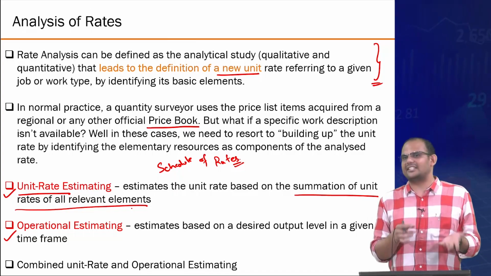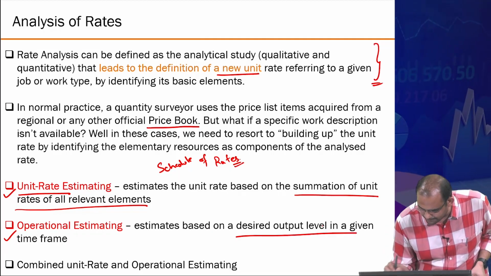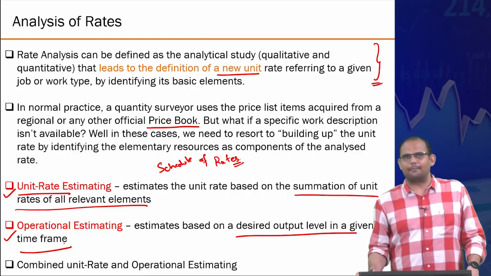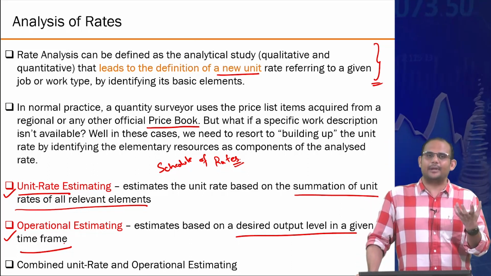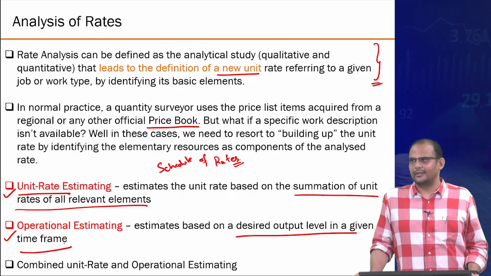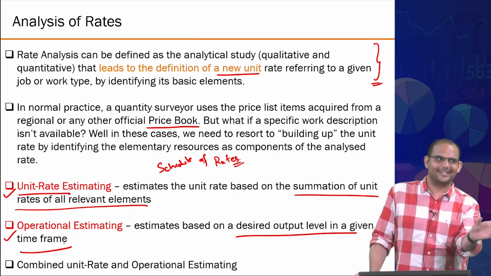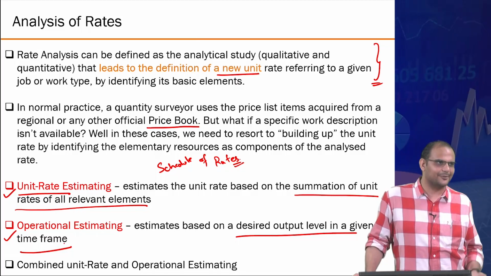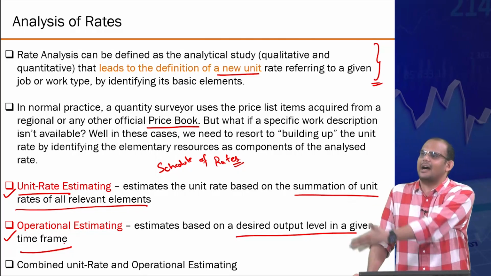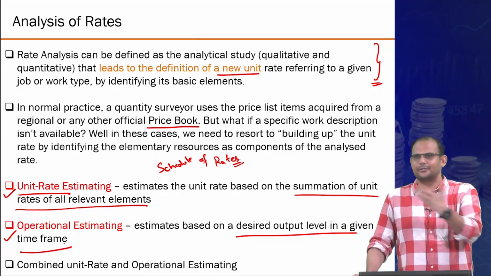The other thing is operational estimating, which essentially deals with some sort of productivity norms. Sometimes what happens is, for example, if you want to estimate the labor charges for 1 cubic meter of concrete, how do you do it? There is no per unit cubic meter labor charge like that. You have to have some estimate of how many laborers for how many hours would be required to achieve 1 cubic meter of concrete, and then you balance them out.